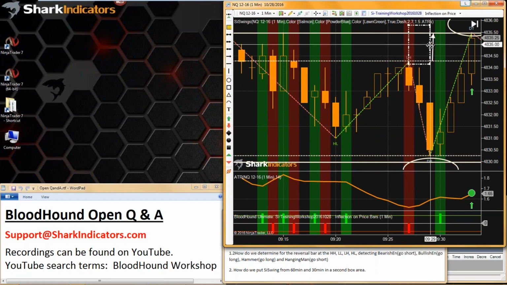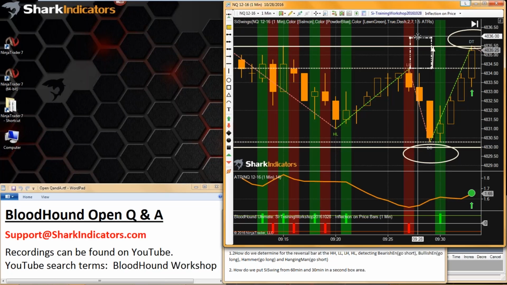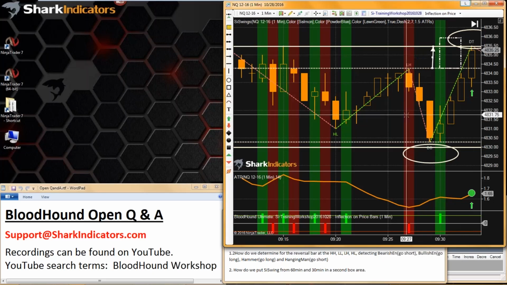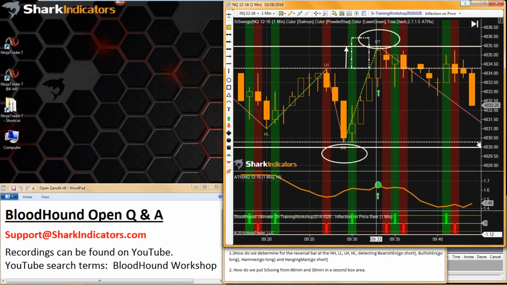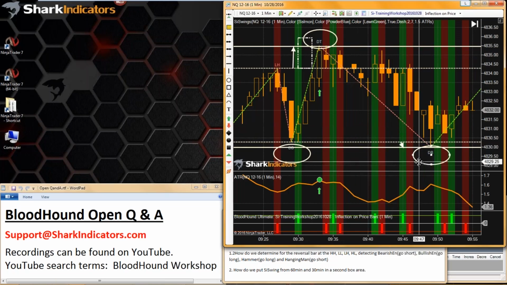If I take this, I can see this distance is clearly less than 1 ATR, and that's why this qualified as a double top. The same rules would apply for this double top here as well.